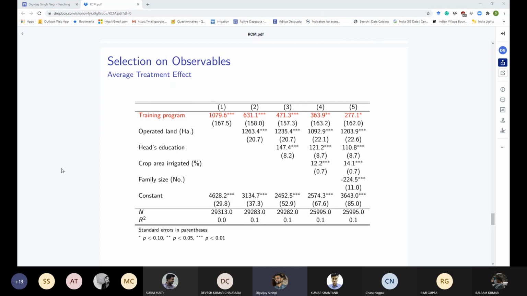So, for example, when we are collecting data for whether IGIDR students got a job or didn't get a job, that will not have a measurement error because you see whether that person has a job or does not have a job. In this case, when you have incomes, you don't observe people's income, especially agricultural income is not observable, right?